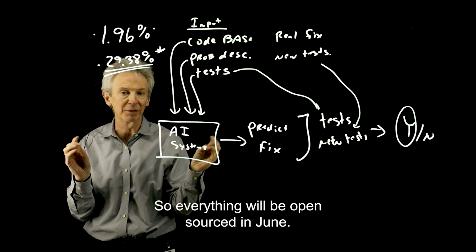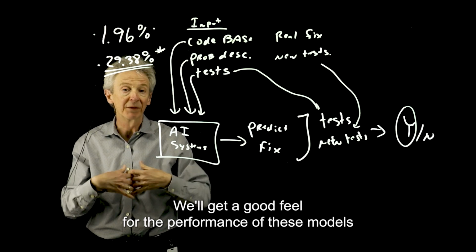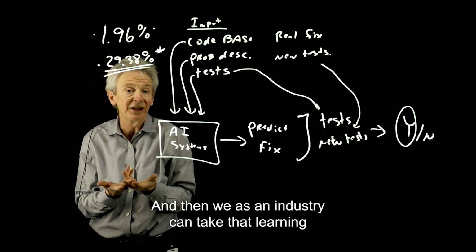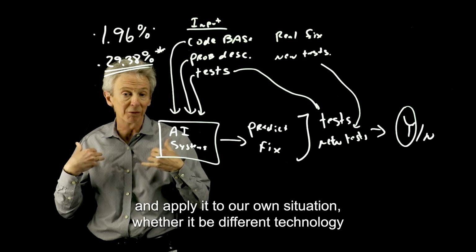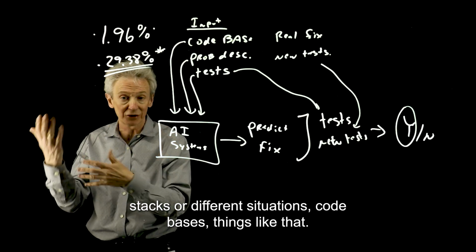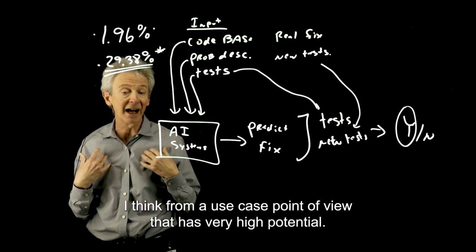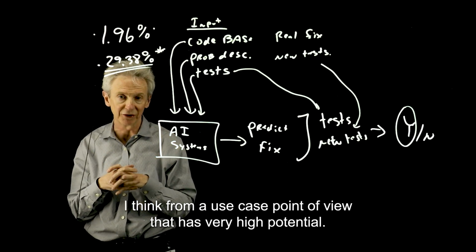So everything will be open sourced in June. We'll get a good feel for the performance of these models at automatically fixing bugs. And then we as an industry can take that learning and apply it to our own situation, whether it be different technology stacks or different situations, code bases, things like that. But it's a really exciting area, I think, from a use case point of view that has very high potential.